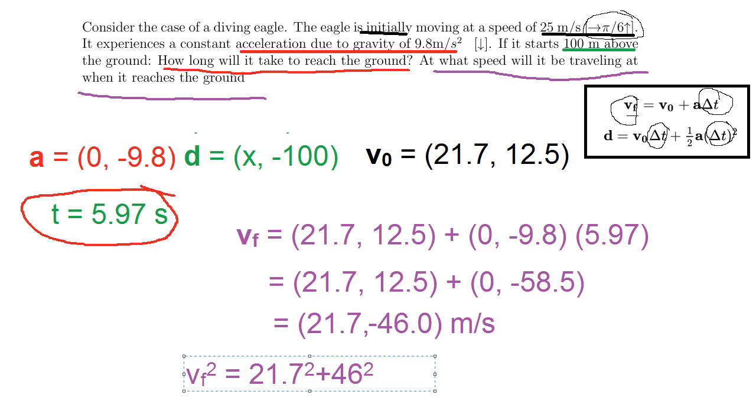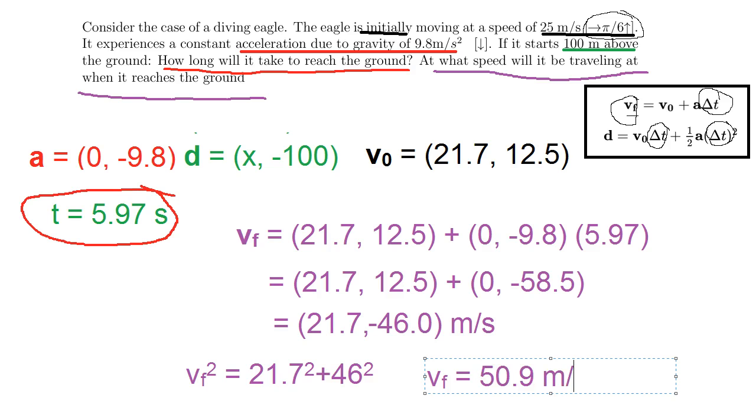And again, when you're using the Pythagorean theorem, there's absolutely no need for you to include the signs. Now, you can do this fairly quickly. Just take 21.7 squared, add that to 46 squared, and then take the square root, and you'll get around 50.9 meters per second for the speed, or the magnitude of the velocity.